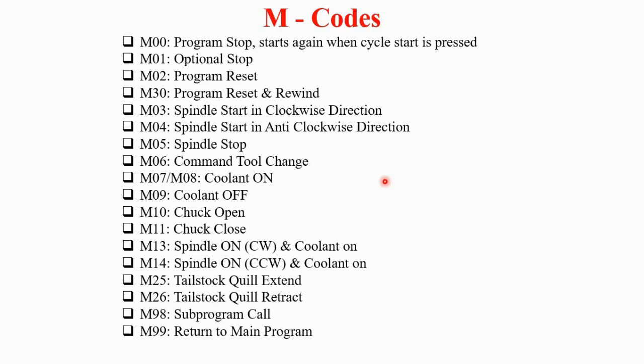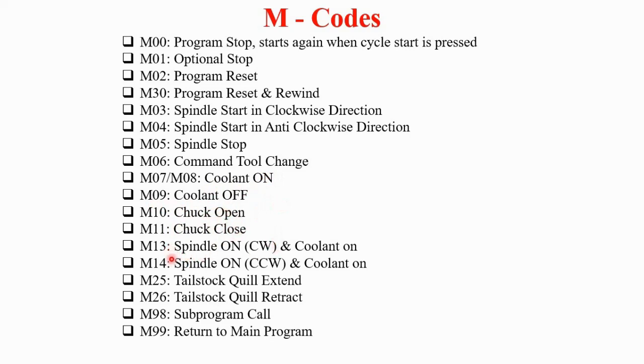M06 is used for the tool change command when we want to change the tool. In a CNC machine, we can mount a number of tools on the multi-tool changing turret, so M06 is used to change the tool. M07 and M08 are used for coolant on. Similarly, M09 is used for coolant off. M10 and M11 are used to open the chuck and close the chuck.